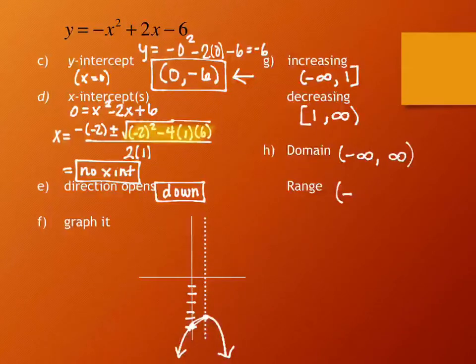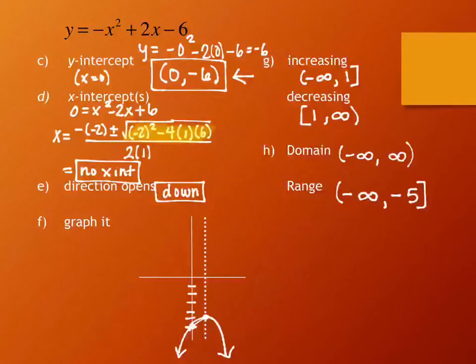Negative infinity first, so always start with the smallest value, and it stops at negative 5. Here it matters that you use a bracket, and a parenthesis will not suffice, because it actually equals negative 5. I actually have a y value of negative 5.